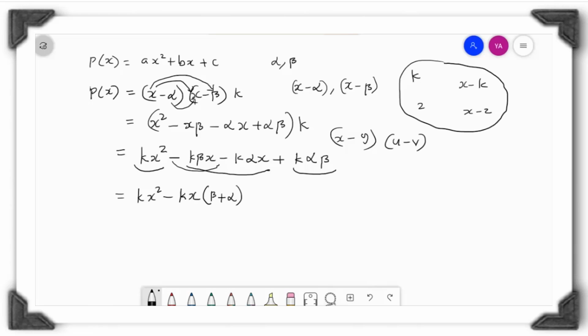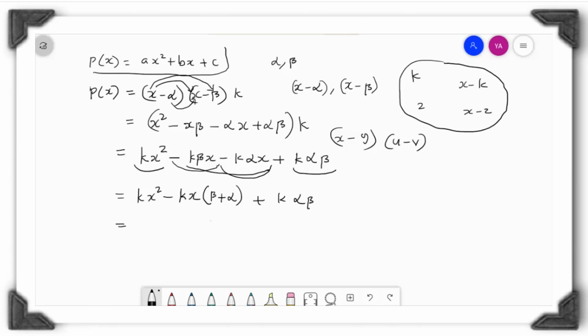In the first term, minus k beta x, if you take minus kx outside the bracket, beta remains. Then if you take minus kx from the second term, only alpha remains inside the bracket. Then plus k alpha beta. In the next step, you can compare with the general form of the second degree polynomial.